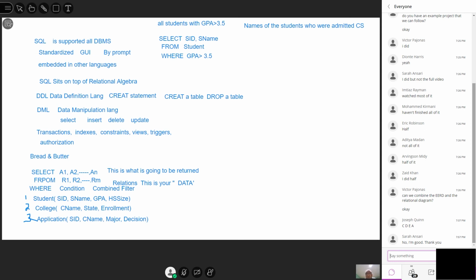So we know our answer is going to come from student and it's going to come from application. Do we need college? Do we need college? No, because the application has the college name.